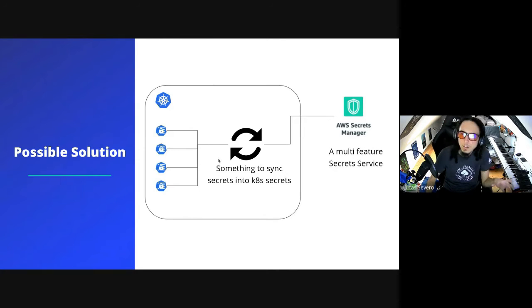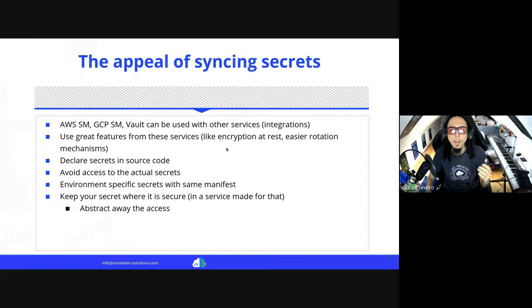And we want to still use Kubernetes secrets inside the cluster. So that's the main goal of using External Secrets Operator. And of course, this thing in the middle, synchronizing this all the time, is the External Secrets Operator. So this is the solution that we want to bring.